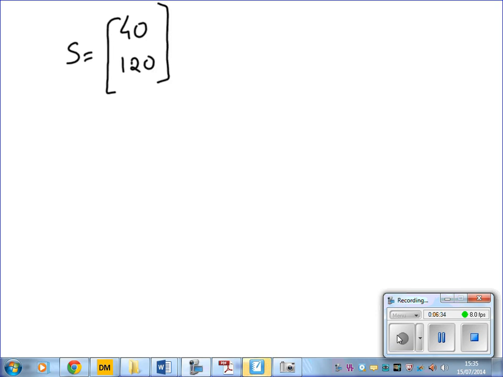Okay, now this is the displacement. The question says we want the distance between the two towers. So if that is 40 and that is 120, we want this distance. Okay, so we use Pythagoras' theorem.